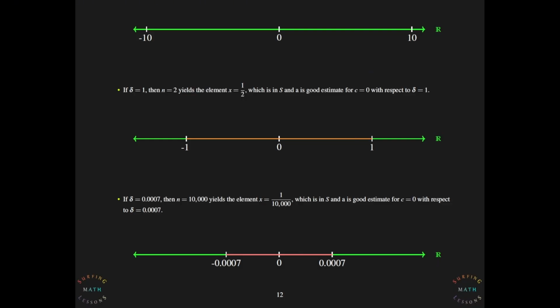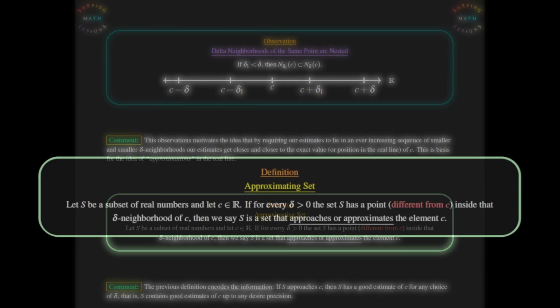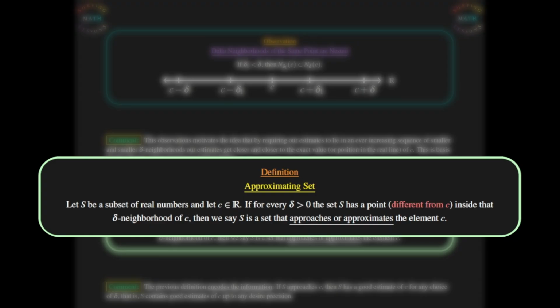At this point, we have verified that the set S contains a good estimate of 0 for 3 specific values of delta. However, this does not demonstrate that the set S approaches 0. This is due to the requirement of a good estimate of 0 with respect to every possible value of delta, as per the definition.